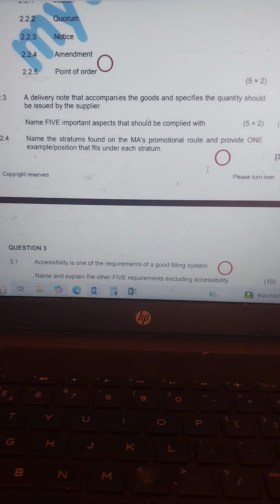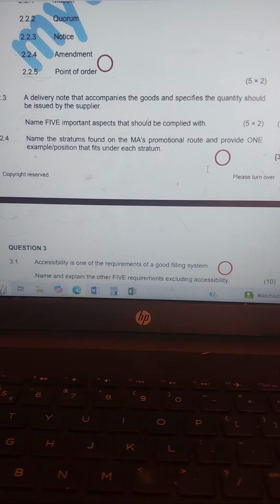Then we go to 2.3, a delivery note that accompanies the goods and specifies the quantity should be issued by the supplier. Name 5 important aspects that should be complied with. Number 1, before goods are packed for delivery by the supplier, a delivery note is completed containing details about the contents, quality, and the condition of the goods.